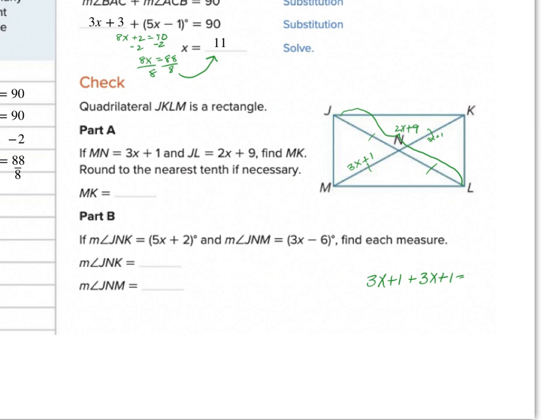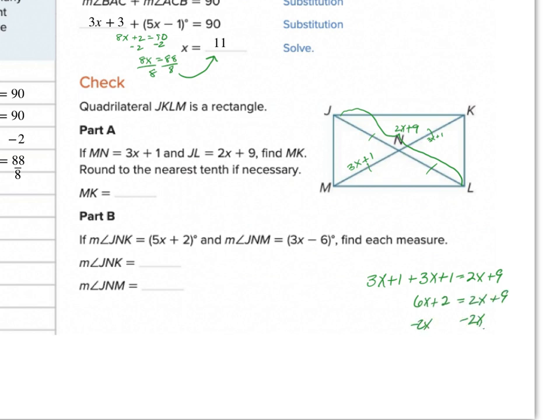Equals 2x plus 9, that entire length. So this entire length, they said, was 2x plus 9. If this one piece is 3x plus 1, I know that I add those two pieces together or multiply by 2, whichever one you prefer. And I know that I have 6x plus 2 is equal to 2x plus 9.